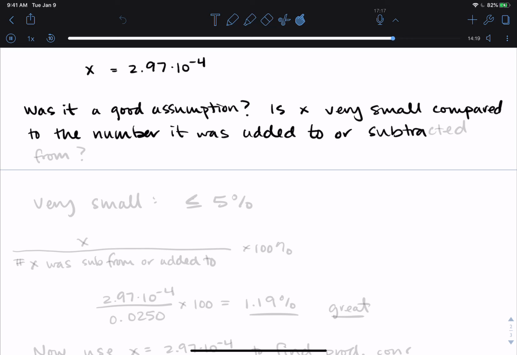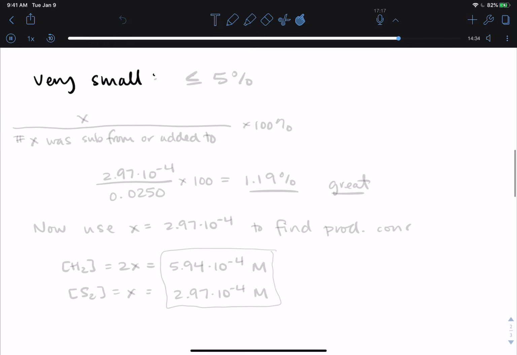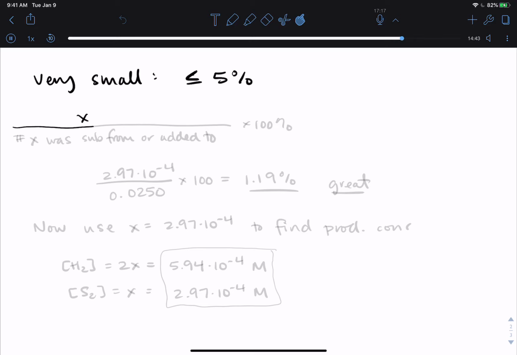And by very small, we mean less than or equal to 5%. So the way to calculate this is the value for x divided by, I know it's a long line, it's going to look really silly, the number x was subtracted from or added to, times 100 to give you a percentage.